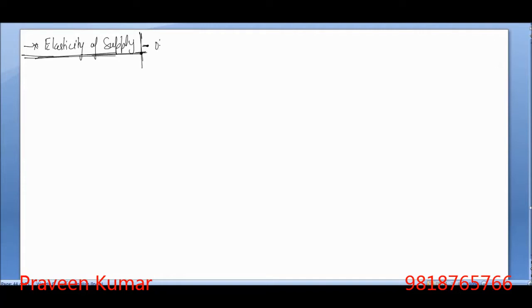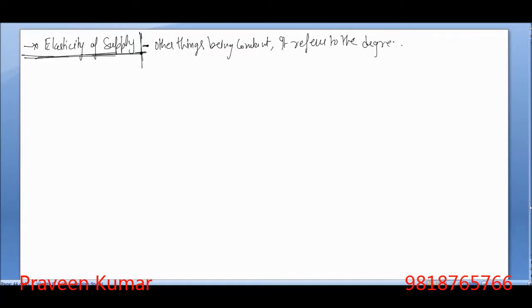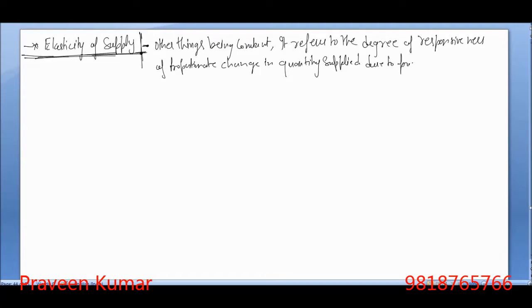So we can define it something like this: other things being constant, that means other things remain constant, it refers to the degree of responsiveness of proportionate change in quantity supplied due to proportionate change in price.